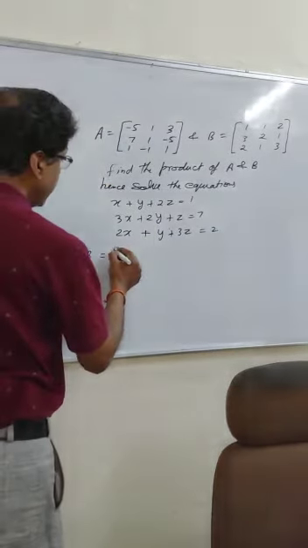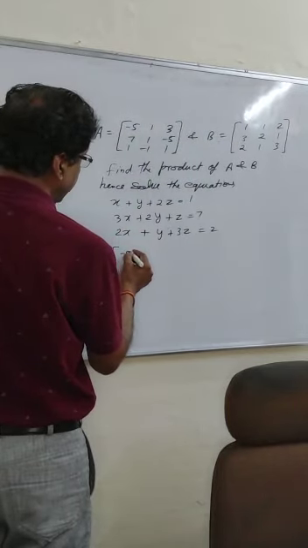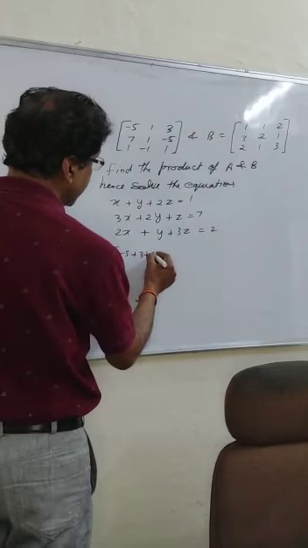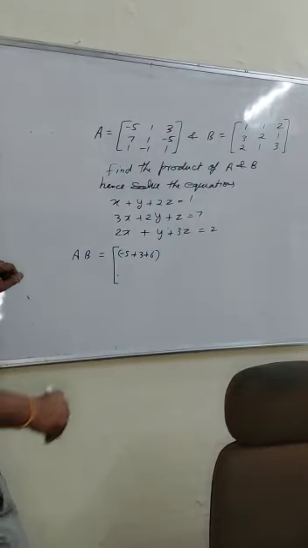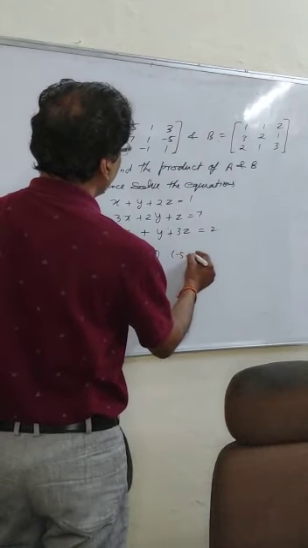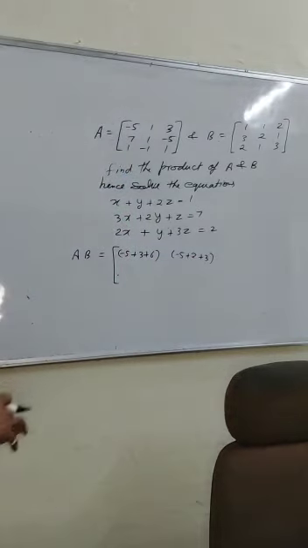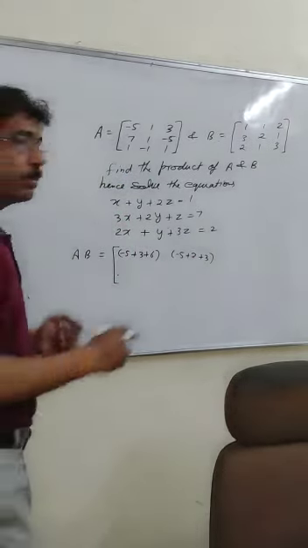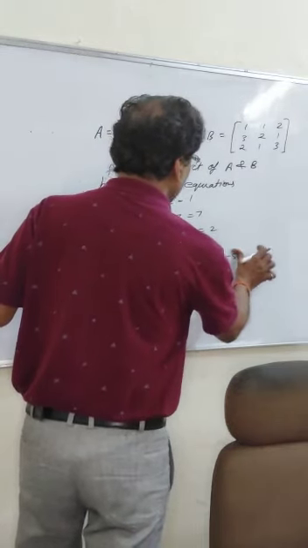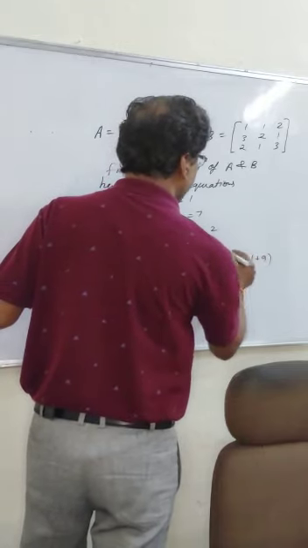So when you multiply these two, you get minus 5 plus 3 plus 6 for the first row, first column, then for the first row, second column, minus 5 plus 2 plus 3, and then for the first row, third column, minus 10 plus 1 plus 9.